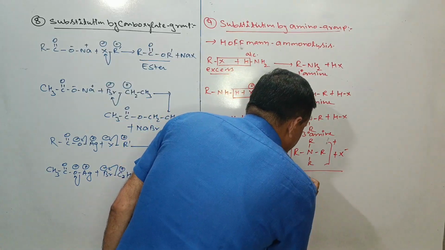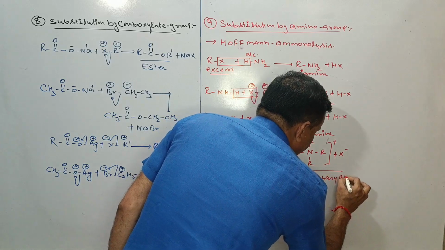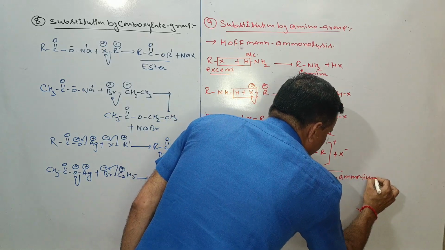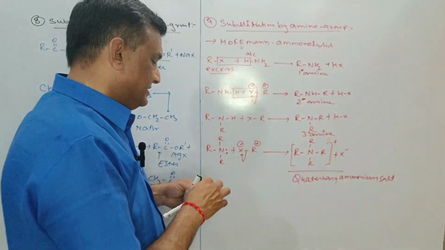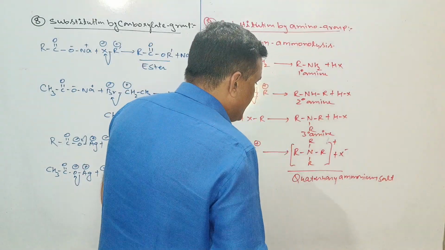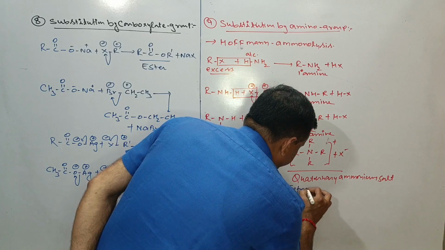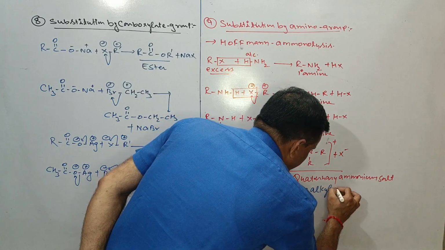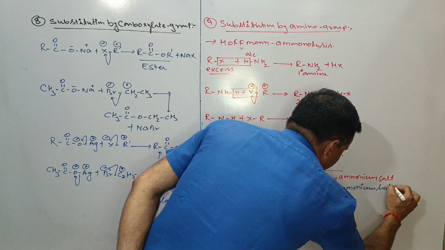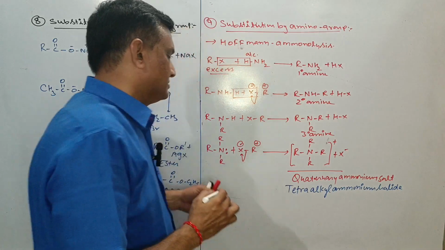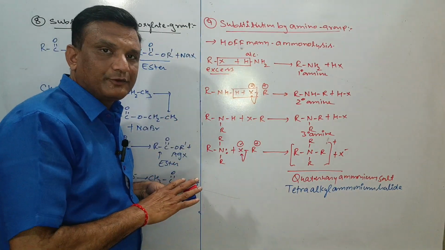This is called a quaternary ammonium salt. If we go with the name, then we say tetraalkyl ammonium halide, as a quaternary ammonium salt. And this was about the ninth reaction, substitution by amino group.